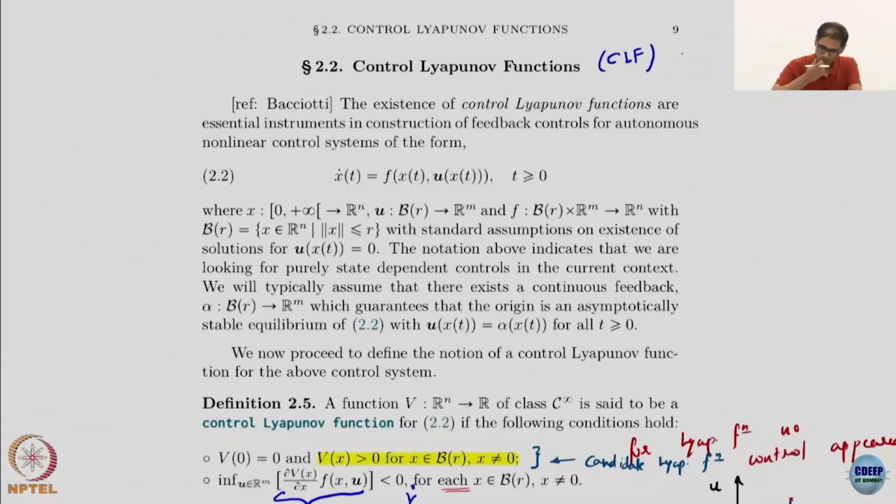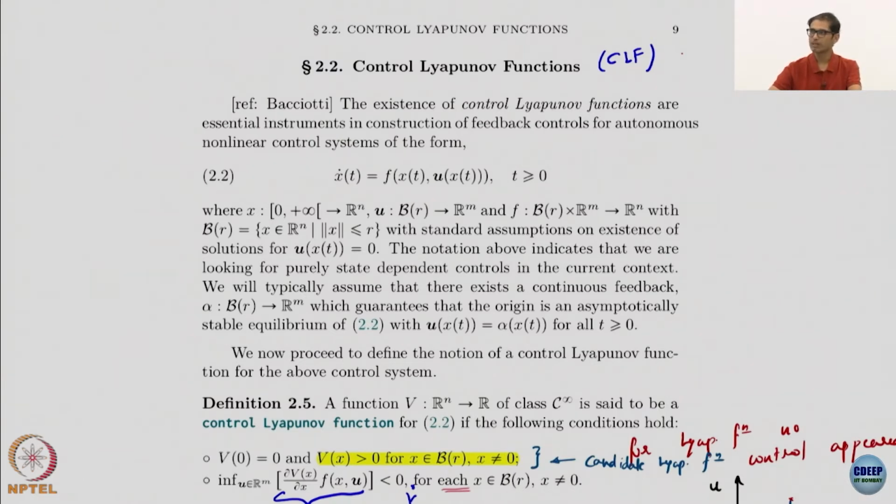Okay. So we are usually looking at systems of this form. Yeah, again, just for being very precise, because this was a sort of a text kind of material that we were writing, you see all the arguments being presented here, but I would write it as x dot is f(x, u(x)). Yeah. So the only thing that is worth noting here is that the control is a pure function of the state.